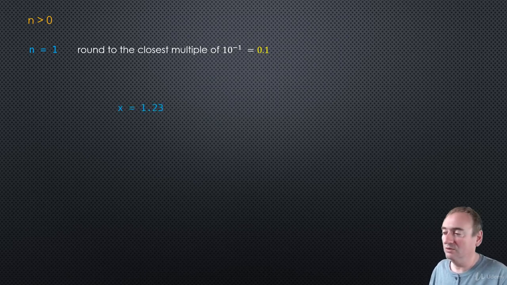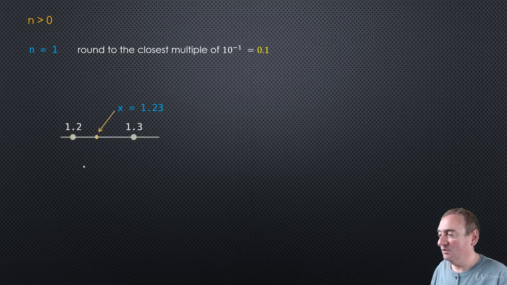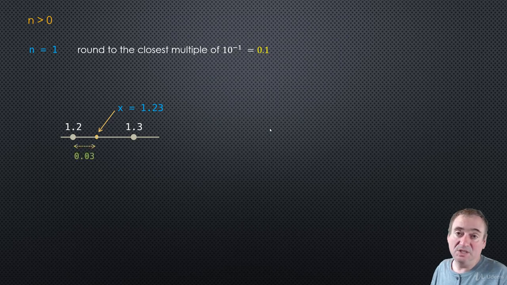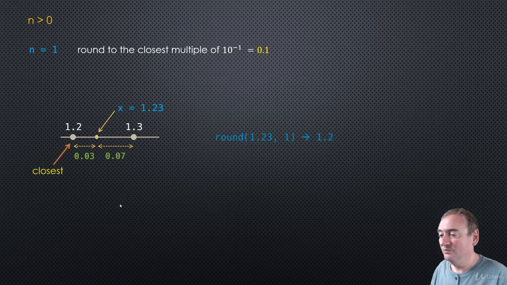Again, let's just look at a number line. So if we look at x equals 1.23, then the two numbers that are going to be contenders for this are 1.2 and 1.3, multiples of 0.1. Again, we have to look at the distance. And again, as we can see, 1.23 is closer to 1.2. And so therefore, round(1.23, 1) will give us 1.2 back.